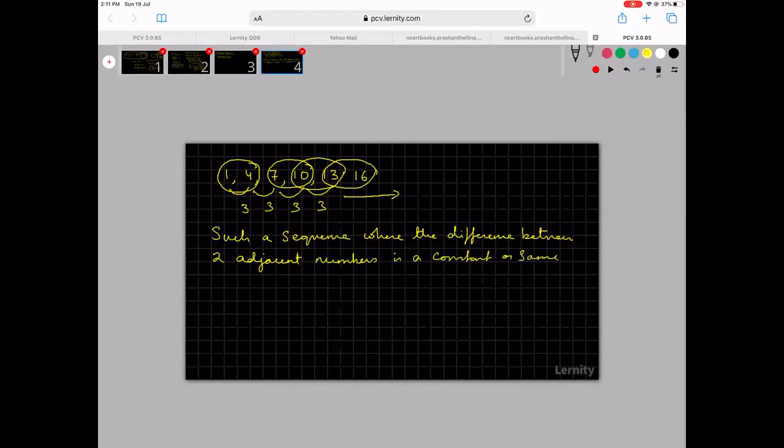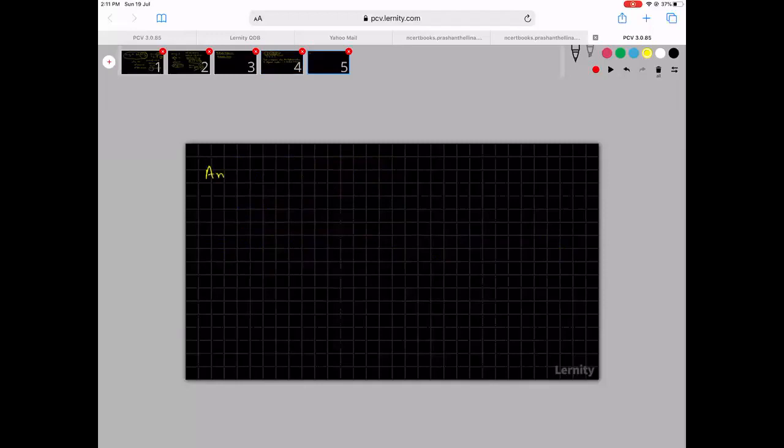Such sequence of numbers is called an arithmetic series, or such a series is referred to as an arithmetic series.